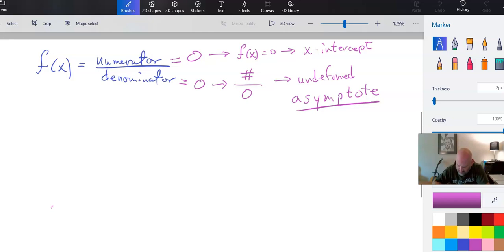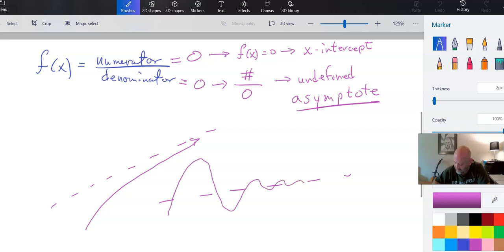It's just some line that the function gets closer to, but never actually settles into that value. There are different types of asymptotes. They could be vertical, straight up and down. They could be sideways. It's just a line that the function approaches. In this case, where we have an undefined quantity, this is a vertical asymptote.